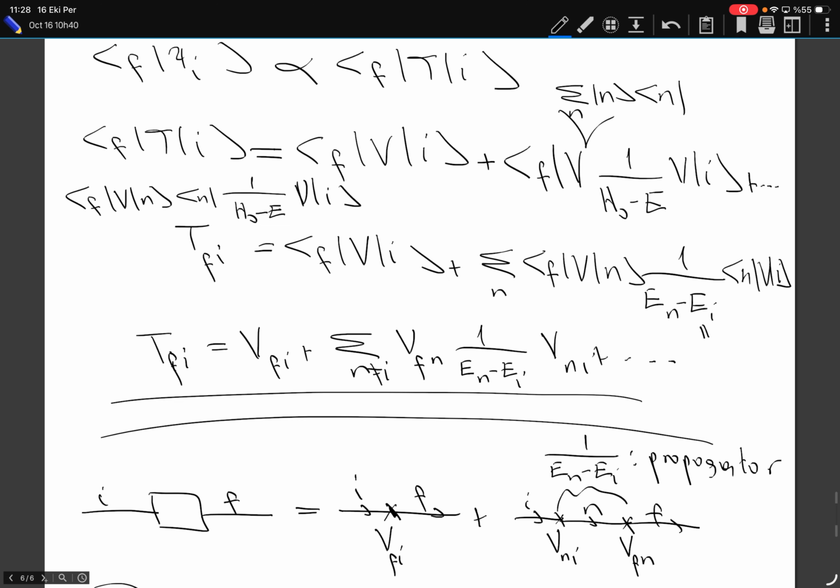Now, Ei is actually what I called E in the previous steps. But here, the H0 operator, when I act on this ket N, which is an energy eigenstate of H0, this is just <F|V|N> 1 over (Ei minus En) <N|V|I>.